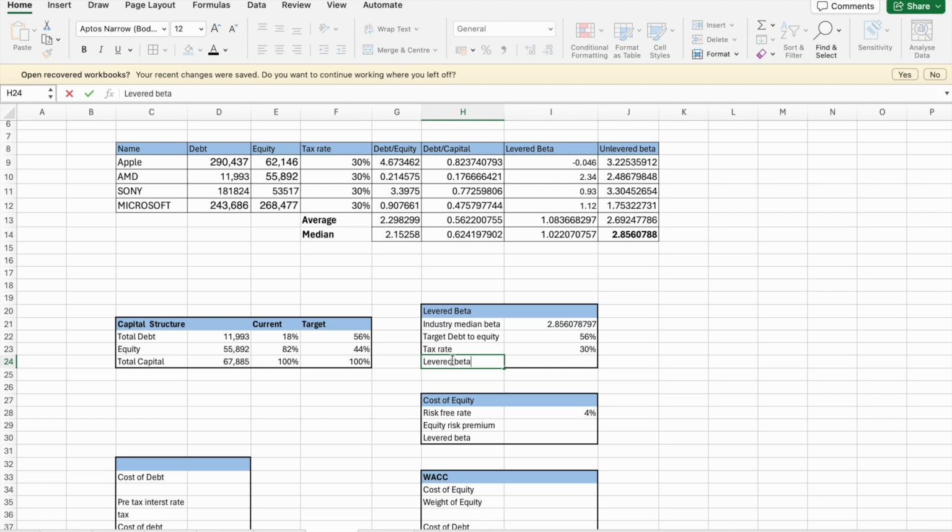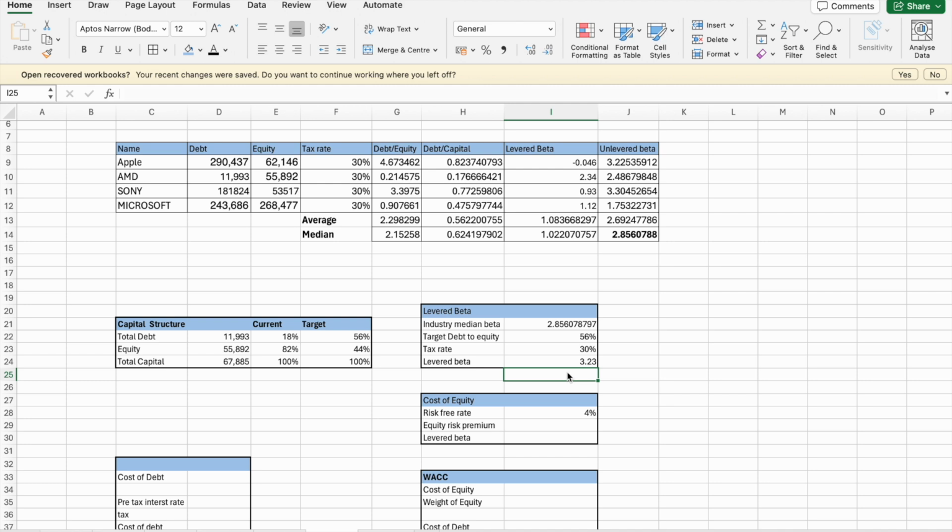The previous beta of AMD, we can see, is 2.34, which only represents AMD and doesn't include the market risk. By making the levered beta unlevered, taking the median, and putting it back as the levered one, we actually adjust the market exposure of the company. The formula is simply the industry median beta multiplied by 1 plus 1 minus the tax rate, multiplied by the debt to equity. Here you go.